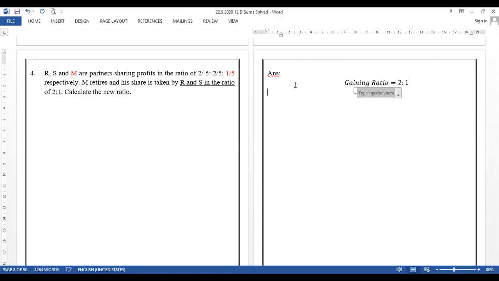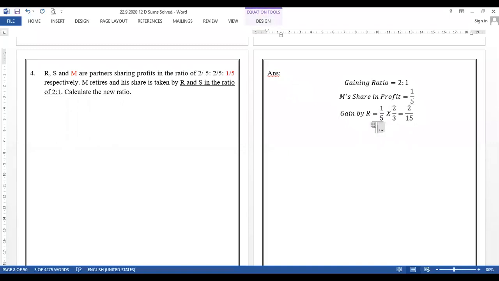So let me write over here, gaining ratio is equal to 2:1. And what is M's share in profit? M's share in profit is equal to 1/5. This share of 1/5 will be gained by R and S in the ratio of 2:1. So gain by R will be 1/5 into 2/3, which gives 2/15.